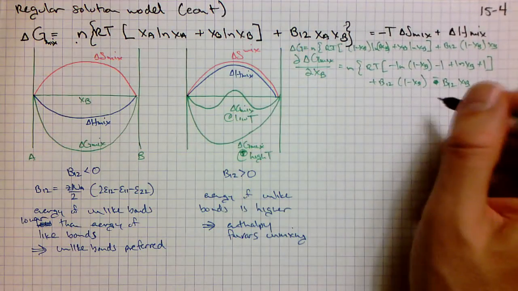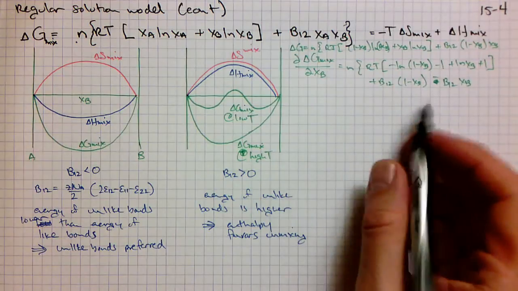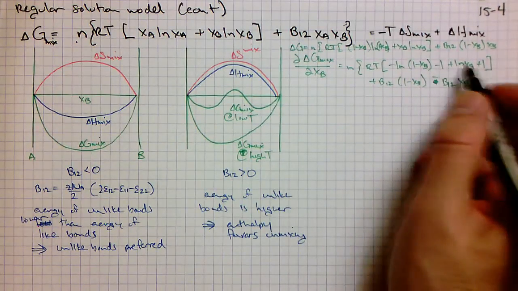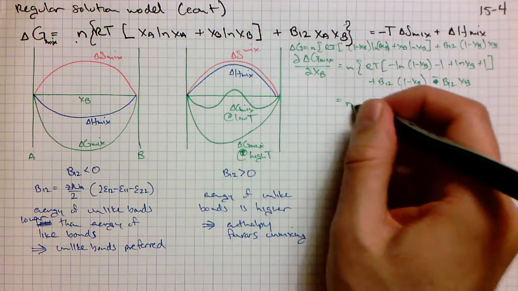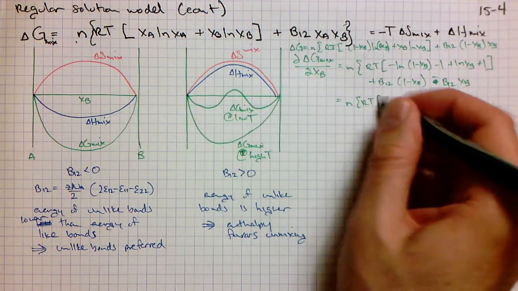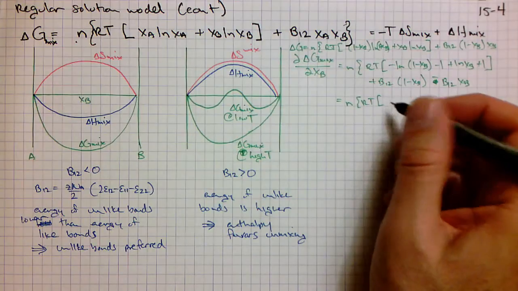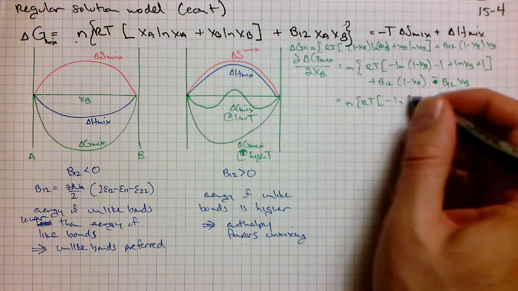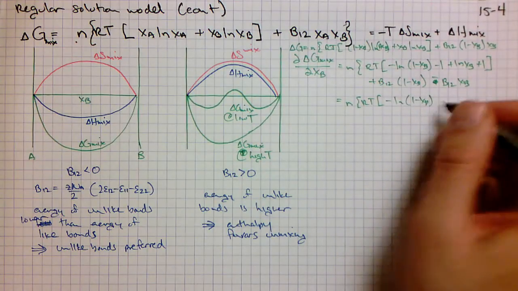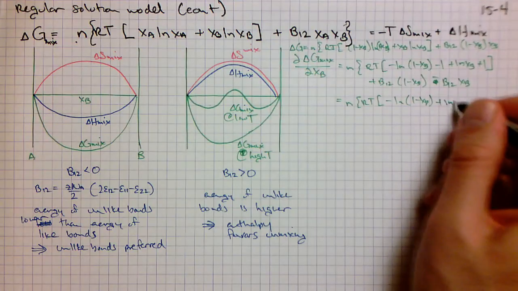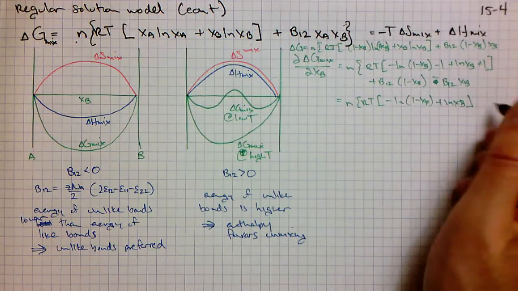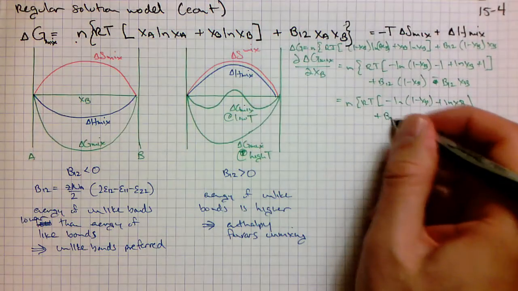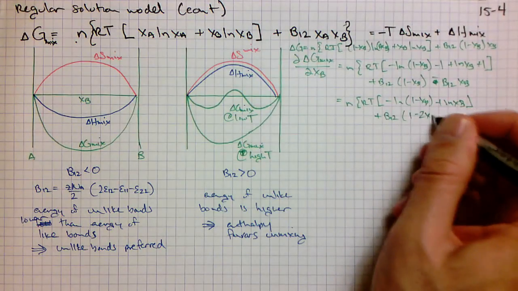Okay, and so we can see these signs cancel, so we get N RT minus natural log of 1 minus XB plus natural log of XB, plus B12, 1 minus 2XB.